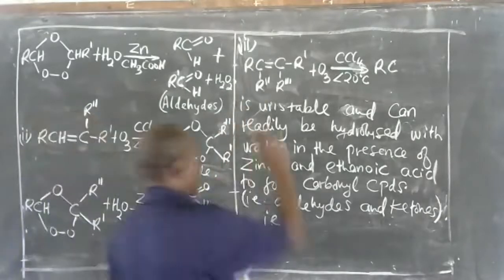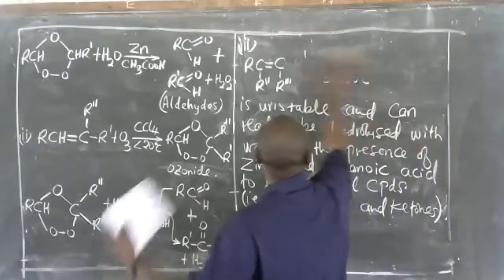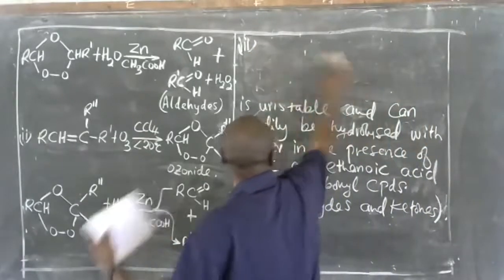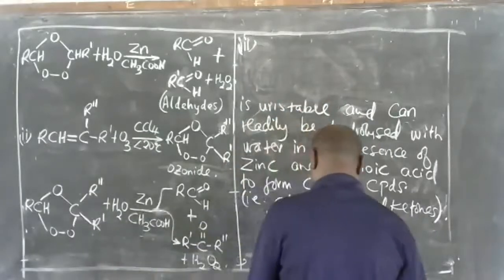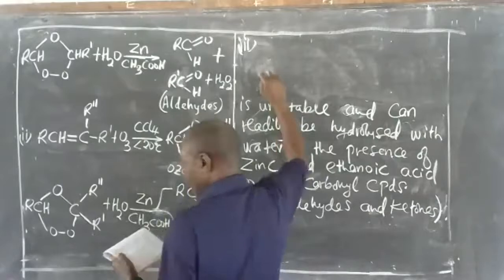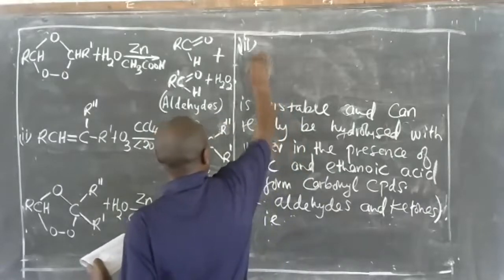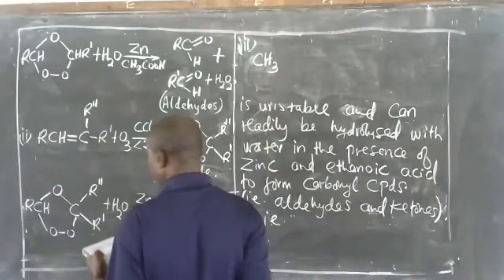Maybe I can just use an example. Let me just use here an example. Hope you have it copied here. If, for example, I have what? If, for example, I have CH3, okay?